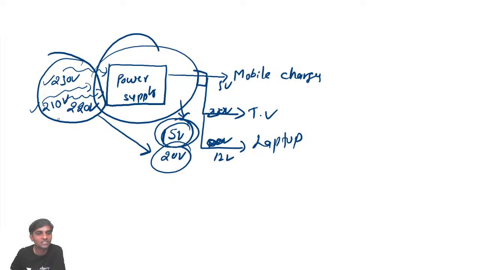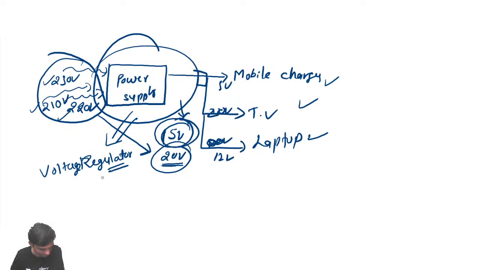Irrespective of the change in input voltage and the change in the load, I should get a constant output. This is called a regulator circuit, also called a voltage regulator.